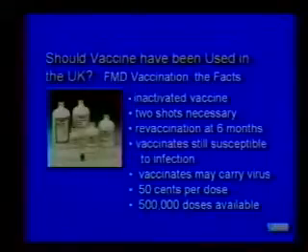The vaccines are inactivated, 2 shots are necessary, and they have to be used at 6-monthly intervals thereafter. And it is interesting that vaccinates are still susceptible to infection with foot and mouth disease, even if they do not develop clinical disease. And this is important, therefore, because they may carry virus, and this leads to a country having difficulty in declaring itself free of infection.